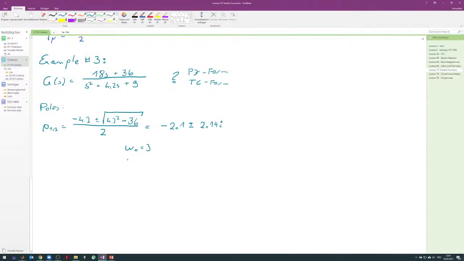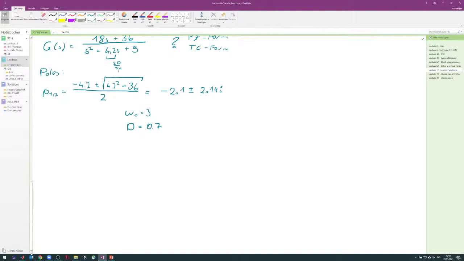And the damping coefficient here must be 2 over 3, so 0.7, right? Because we know that this guy is 2d omega 0. So we can compare the coefficients. If this was too fast, please look back into one of the first lectures where we discussed the PT2 systems. Okay, so far so good.